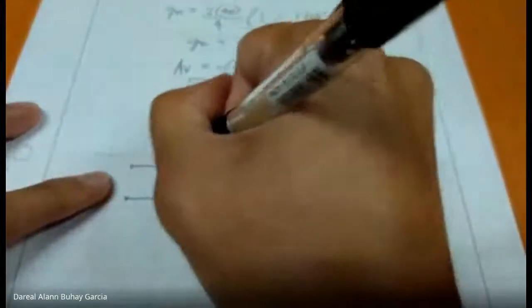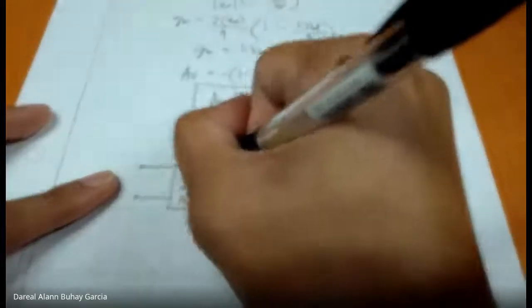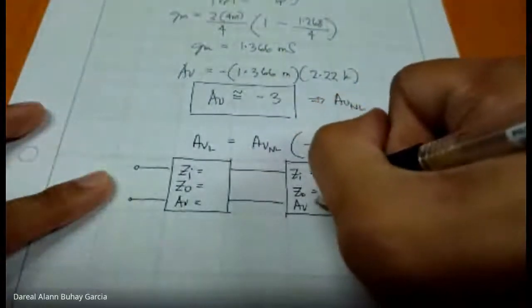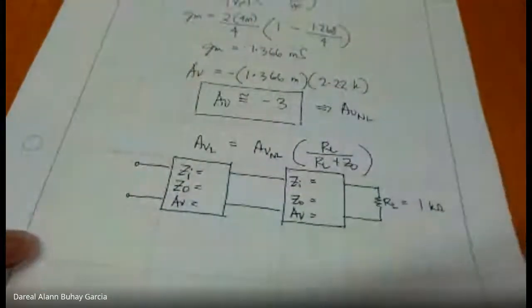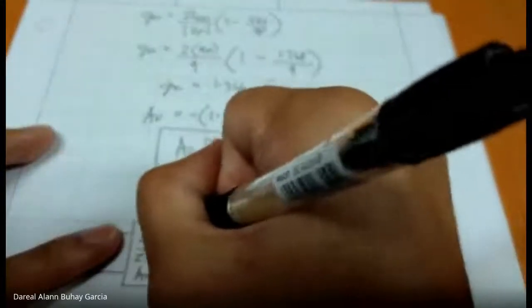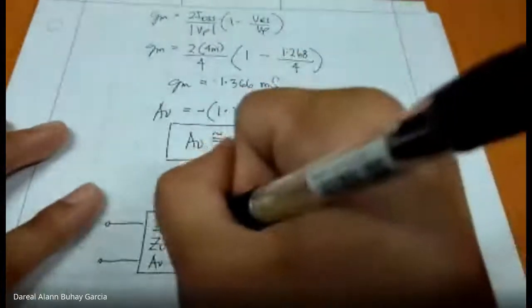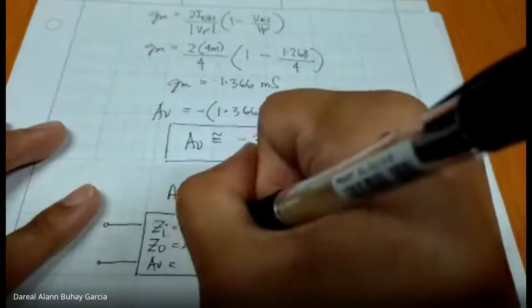So atong ZI ug ZO para sad, and AV. ZI is 3.3 mega, ZO is 2.22 kilo, and the AV is 3.